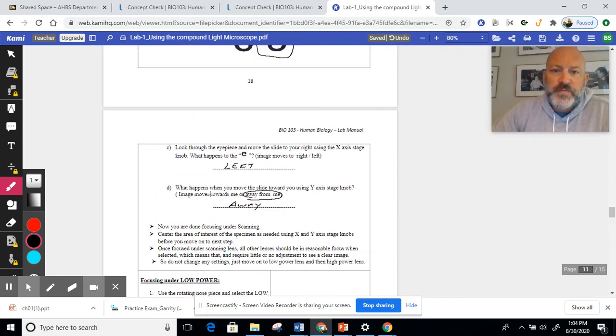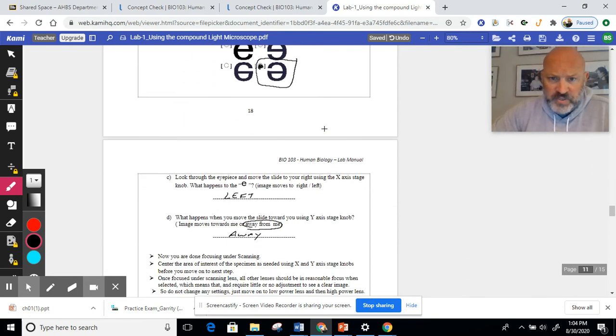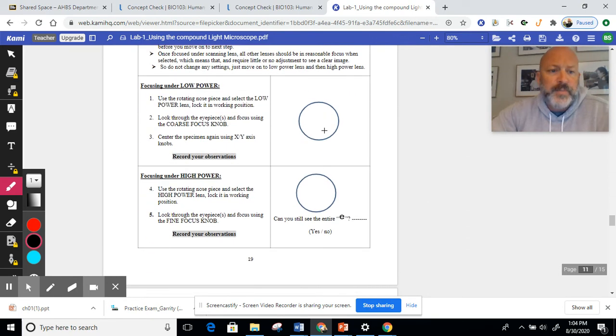So, after you're focused on the red scanner lens and your letter E is centered and focused, you would then be directed to change the lenses by turning the rotating nose piece, this time to the yellow colored low power lens. The low power lens, remember, has a magnifying power of 10x.